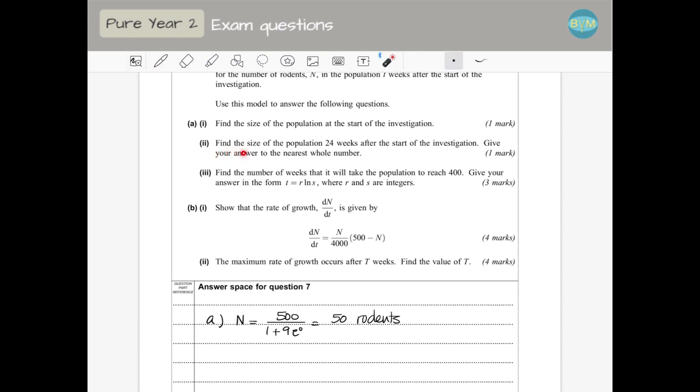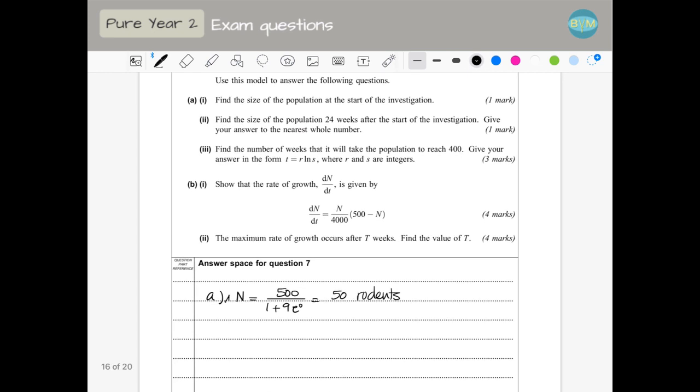Then the second part says find the size of the population 24 weeks after the start of the investigation, and we have to give the answer to the nearest whole number. So now t is 24. I have n is 500 divided by 1 plus 9e to the power of minus 24 divided by 8.